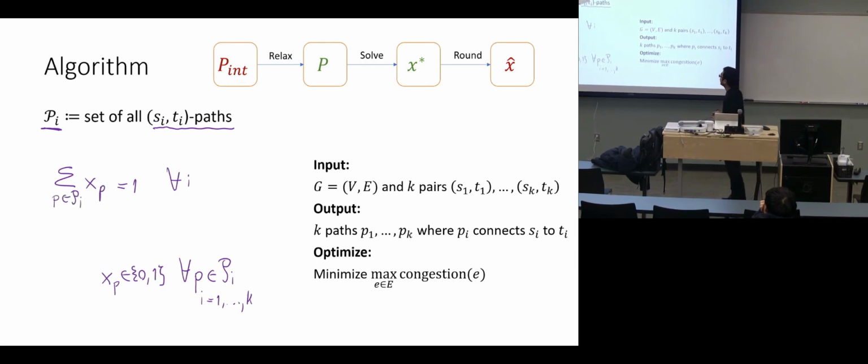So here I say that for every i I need to choose one path that connects Si to Ti. Now, how do you capture this thing? Optimizing for the congestion.